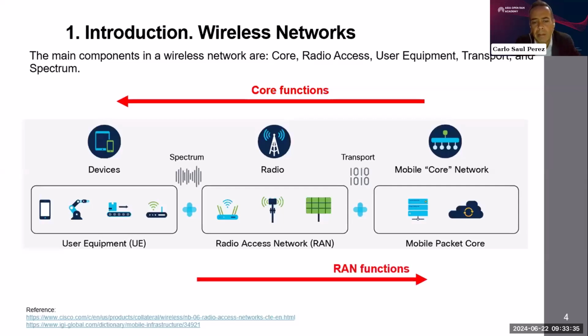And from the RAN functions, we are trying to process as much as possible very far away from the user side, close to the core. So as you can see here, core functions are going to the user device and RAN functions are going to the core.